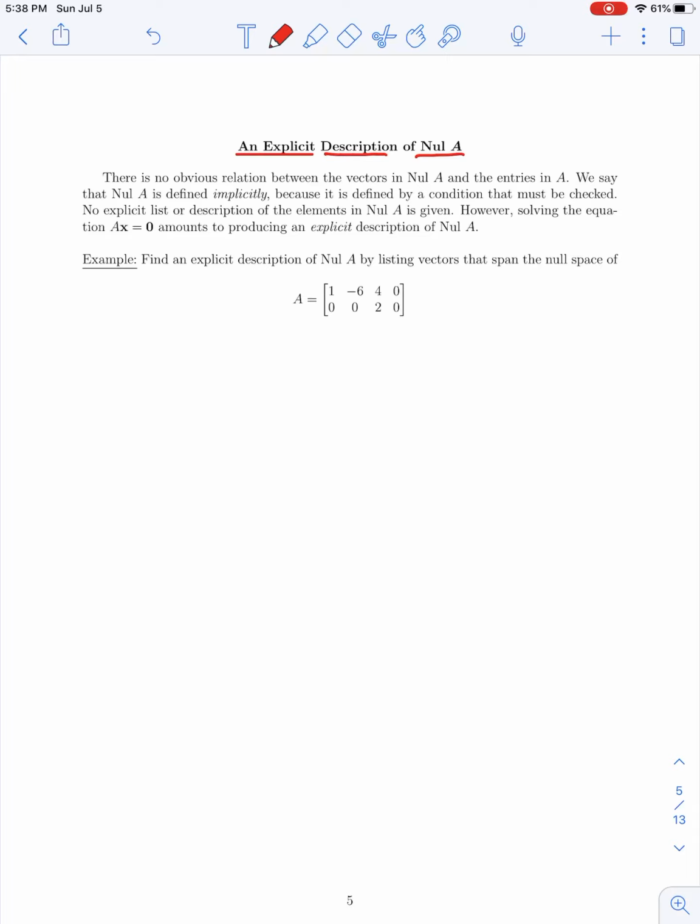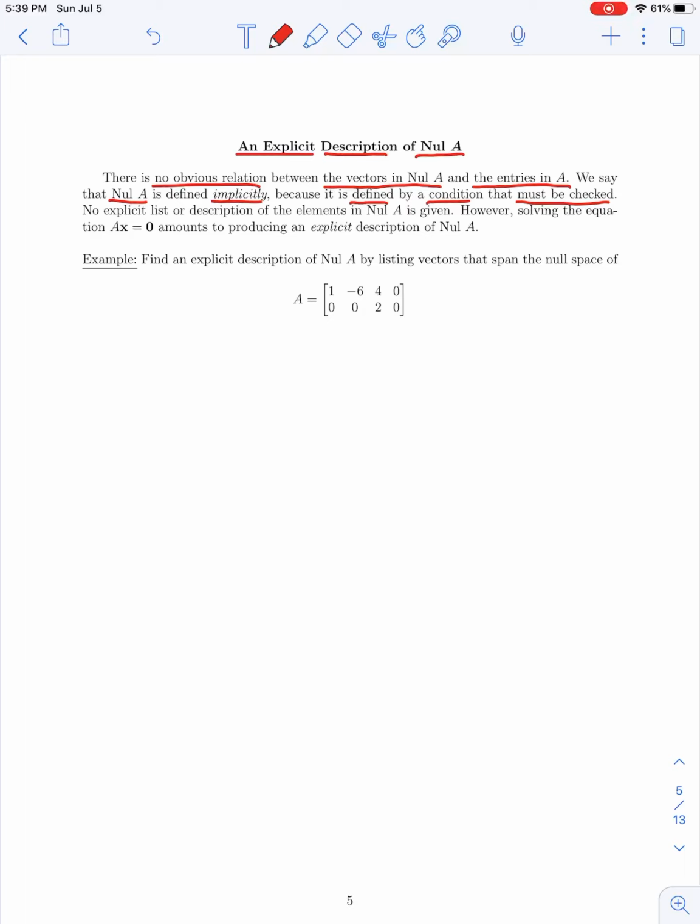Something that's a little tricky is that for any given matrix, there is not an obvious relationship between the vectors in the null space of that matrix and the entries of A itself. It's very difficult to look at a matrix and immediately determine what the null space might be. So we would say that the null space of A is defined implicitly because of the definition. It is defined by a condition which must be checked.